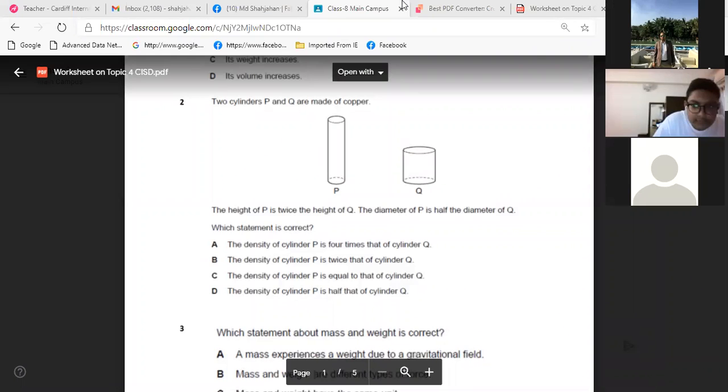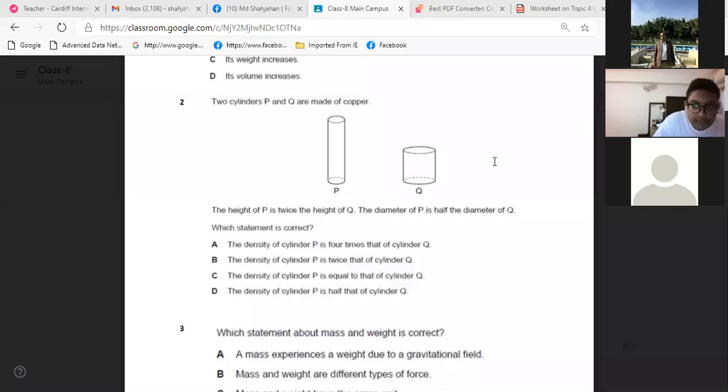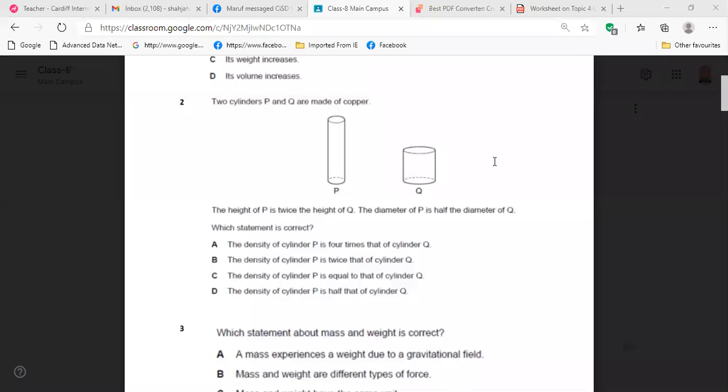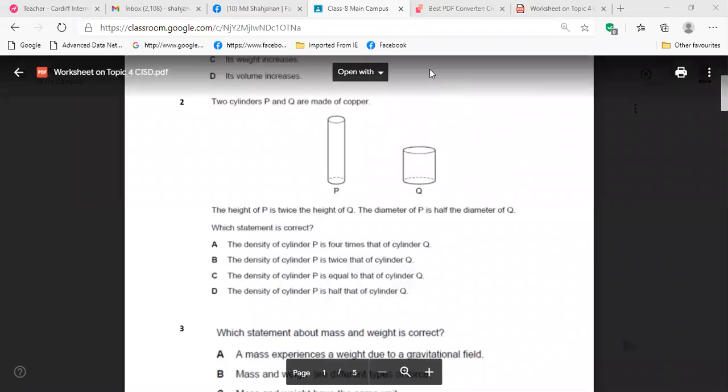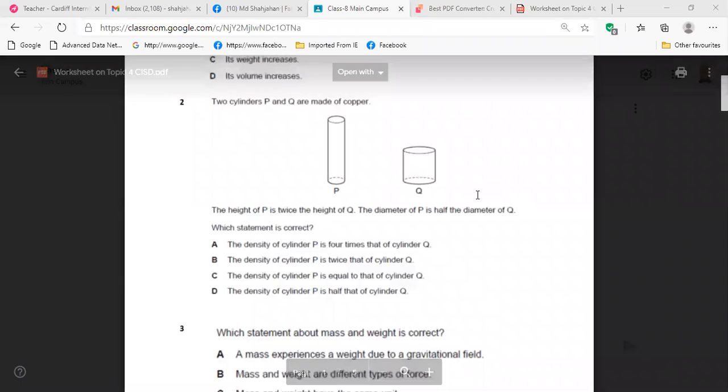So you cannot recall it, Mithila, from class 7. Then Lamisa, what's your answer? Thinking, sir. B. Okay, you also forgot. Then Baksha, what's your answer?